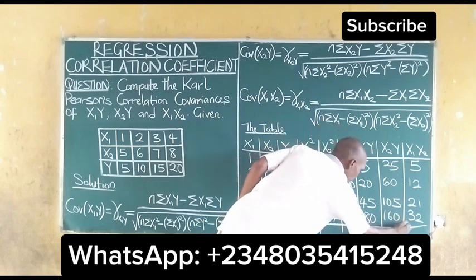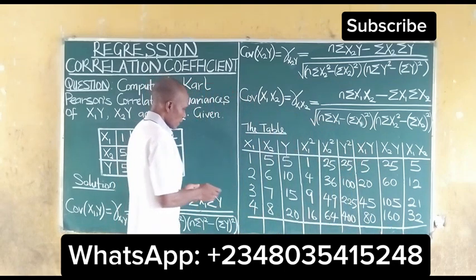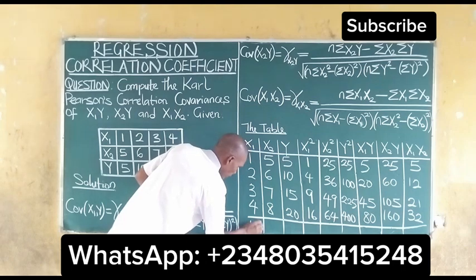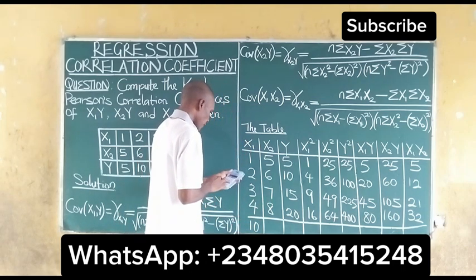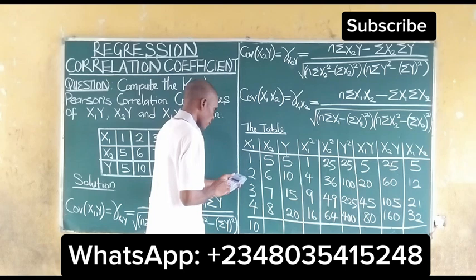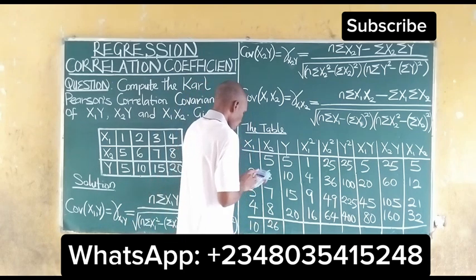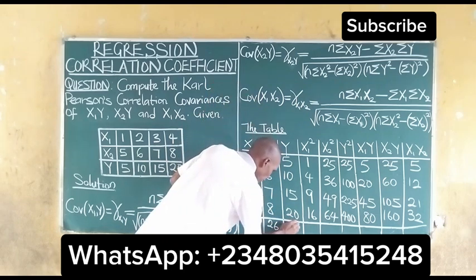We find the totals. 1 plus 2 plus 3 plus 4 is 10. 5 plus 6 plus 7 plus 8 is 26. 5 plus 10 plus 15 plus 20 is 50.